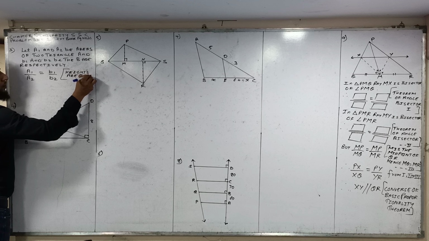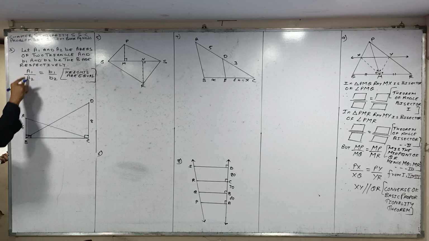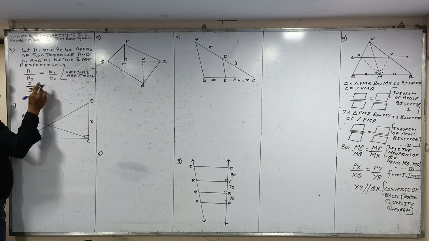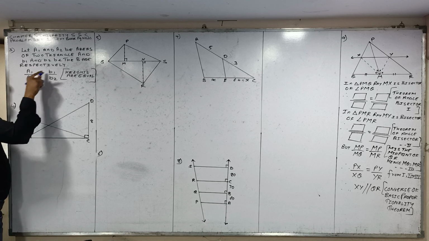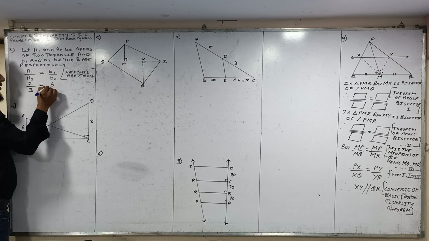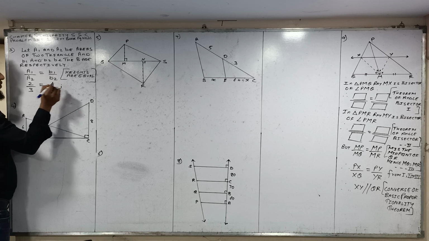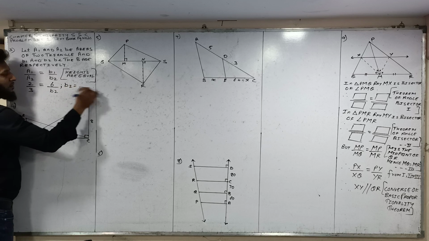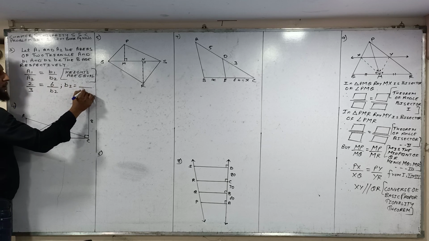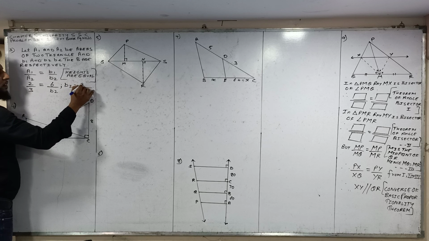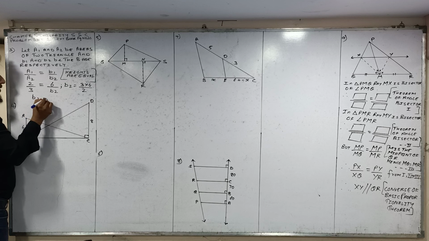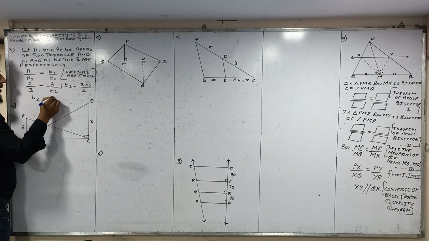In the question, heights are equal and the proportion of the areas is 2 upon 3. B1 is 6 and B2, the base of the larger triangle, we have to find. Cross multiply: B2 as it is, the 2 will come here and 3 multiplied by 6. 2 ones are 2, 3 sixes are 18, so B2 is 9.